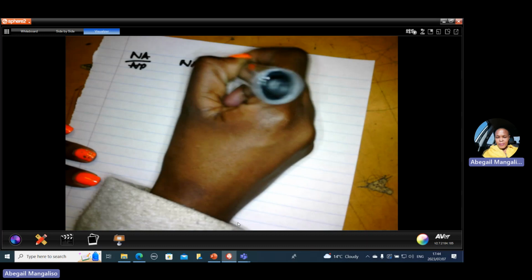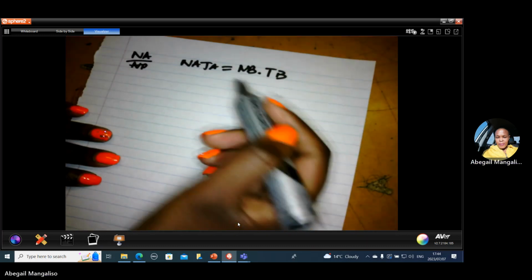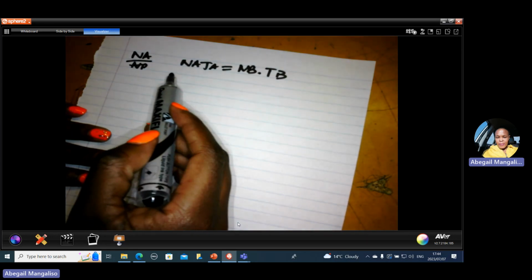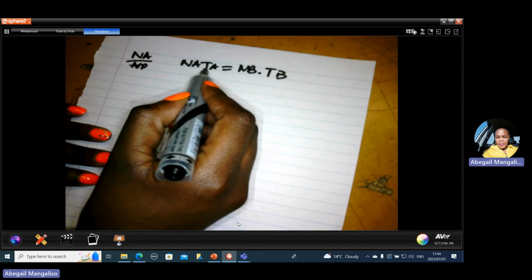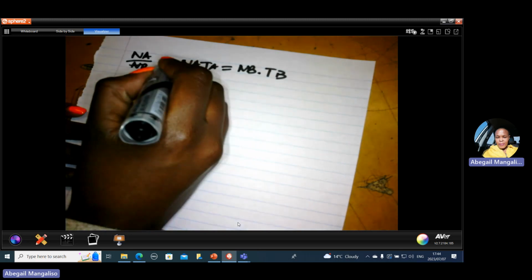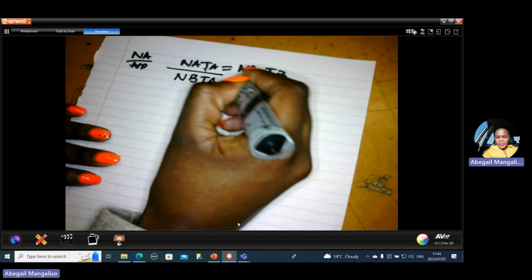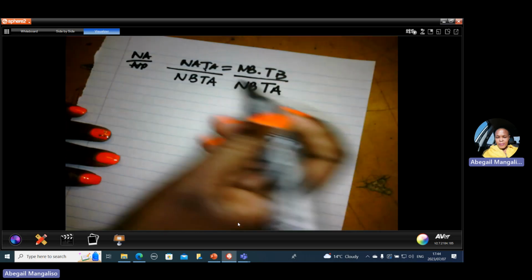If you have NA over NB, NA multiplied by TA equals NB multiplied by TB. If you make a ratio of rotational frequency to the ratio of number of teeth, you divide both sides by NB times TA.